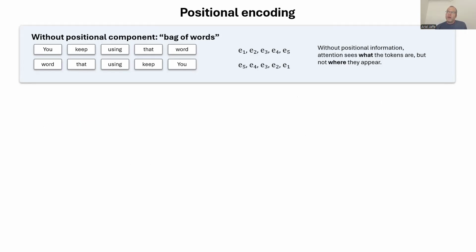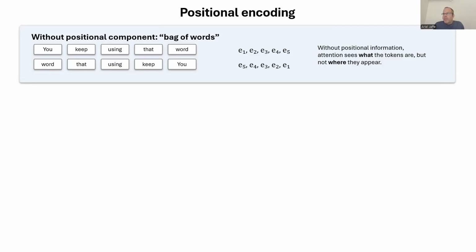Lastly, this is an element we skipped before, so now we go back. We have the positional encoding. Until now, we talked about tokenization, breaking up a sample into small parts and creating an embedding for each part, for each token.